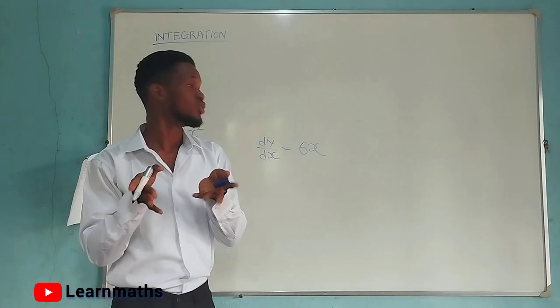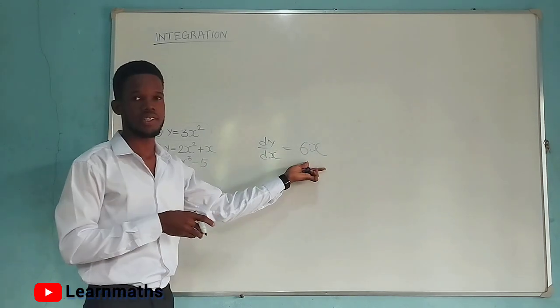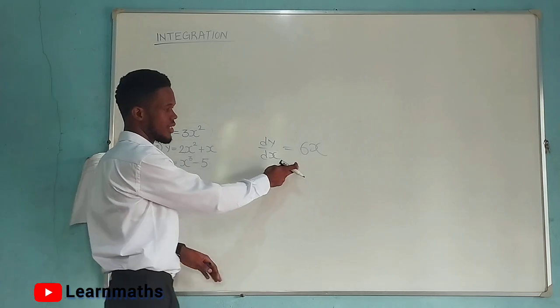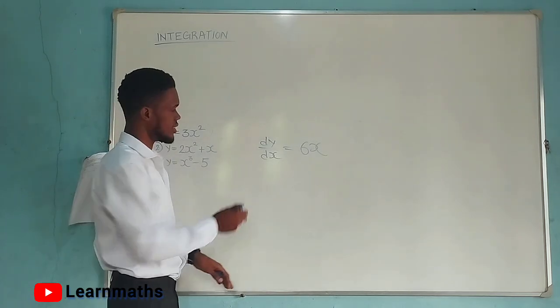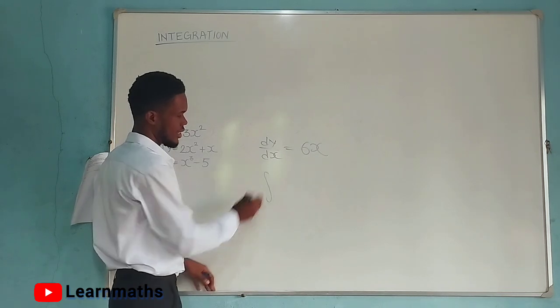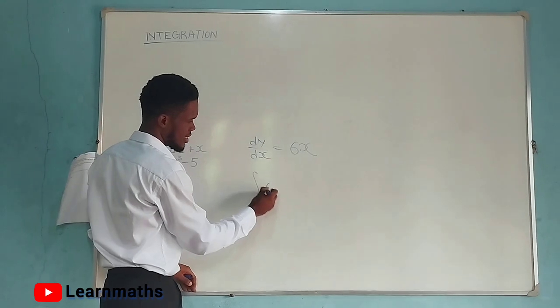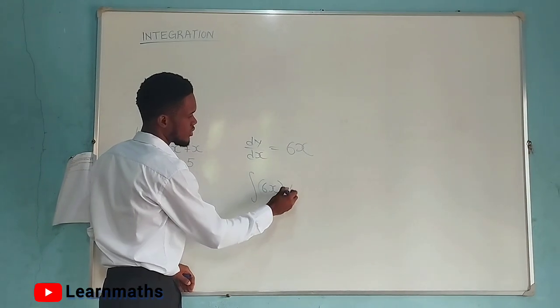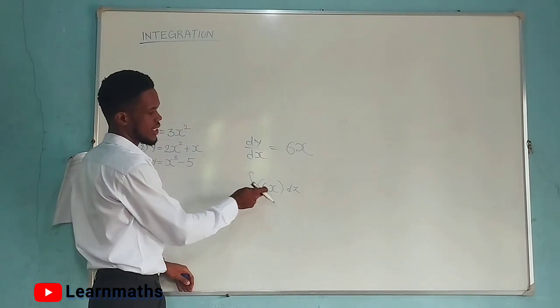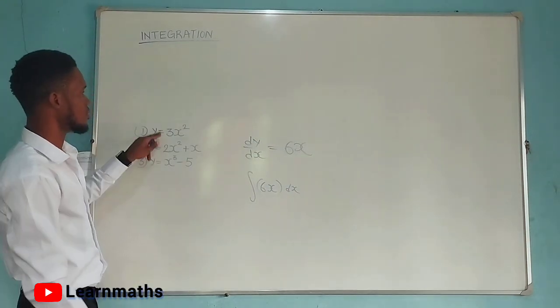Now, if I'm to get the original function which gave us this differential, I'll have to integrate my differential. We usually represent integration with this sign. So I'm integrating 6x with respect to x to get the original function.